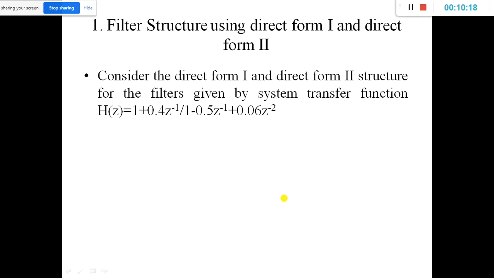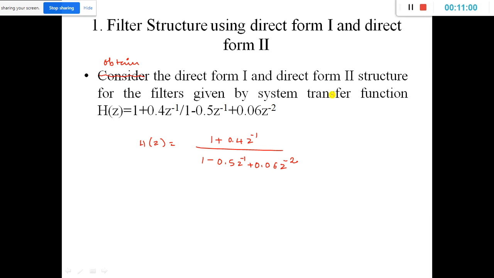Okay, so try to take this problem. Consider the filter and obtain the direct form 1 and direct form 2 structures for the IIR filter, given the system transfer function H of z equal to 1 plus 0.4 z inverse divided by 1 minus 0.5 z inverse plus 0.06 z to the power of minus 2.